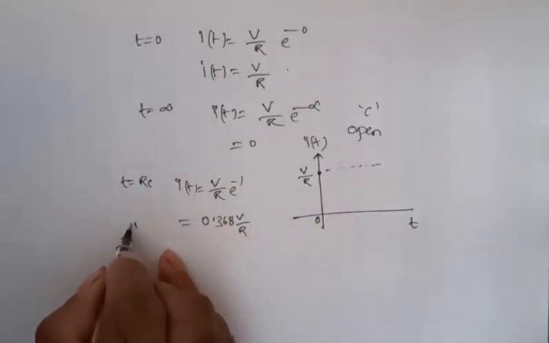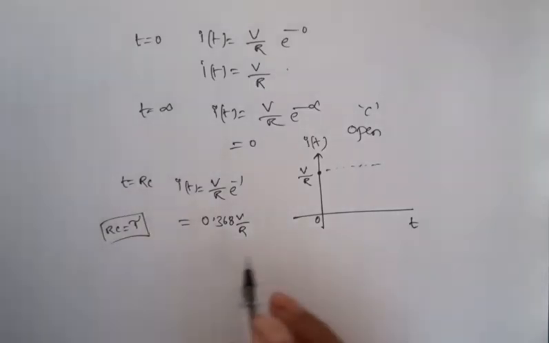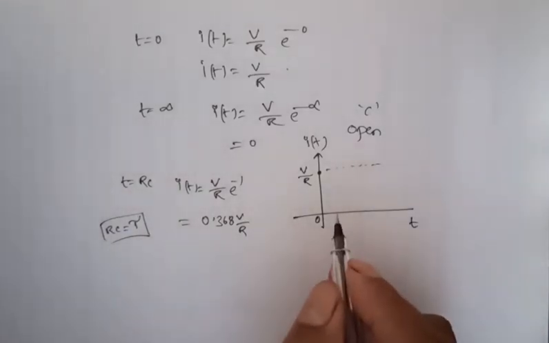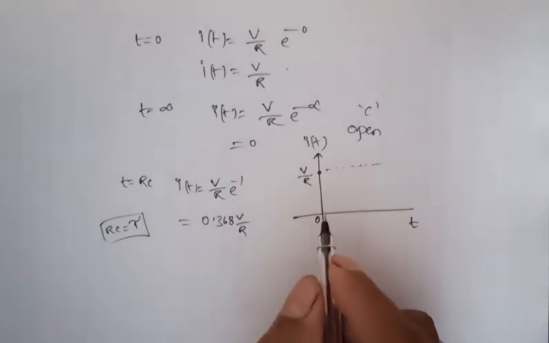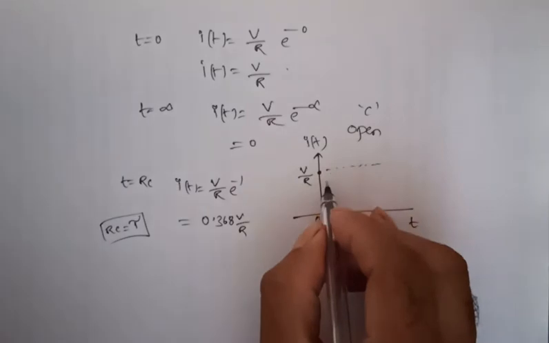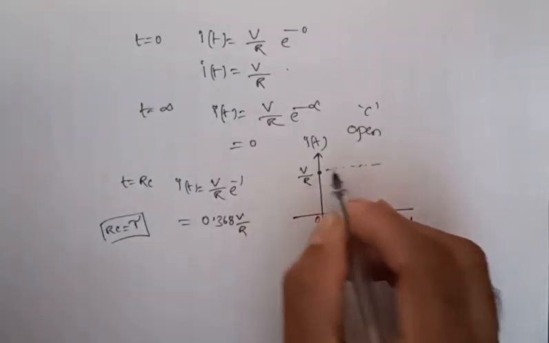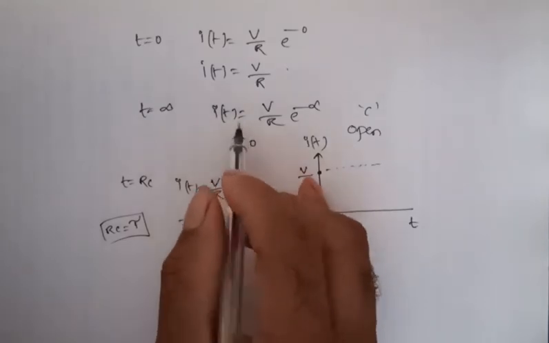So this time period we can call as tau, the time taken by the circuit to reach 0.368 times of the maximum current. So if you draw the graph, it will become exponentially decaying. Why?